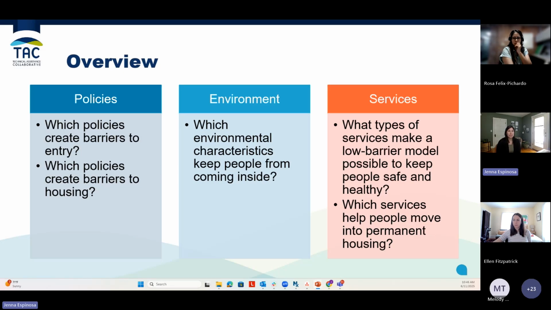And then services, what we mean by services is the mix of services that are available and offered in your shelter. So that could be the types of services that make this low barrier model even possible because it supports the safety and health of folks staying there. It could be services to help people move on to permanent housing as well. So we're going to get into those specific practices under each of these buckets. And you'll see that some of them kind of fit into all these buckets or maybe two of these buckets, but it's just a framework that has been helpful for people when they're thinking about shifting certain aspects of their shelter.